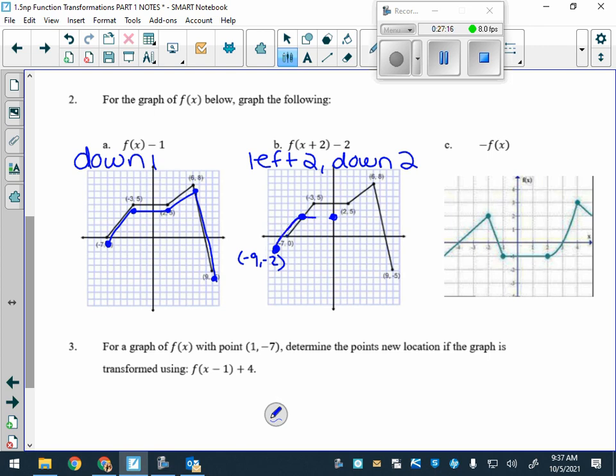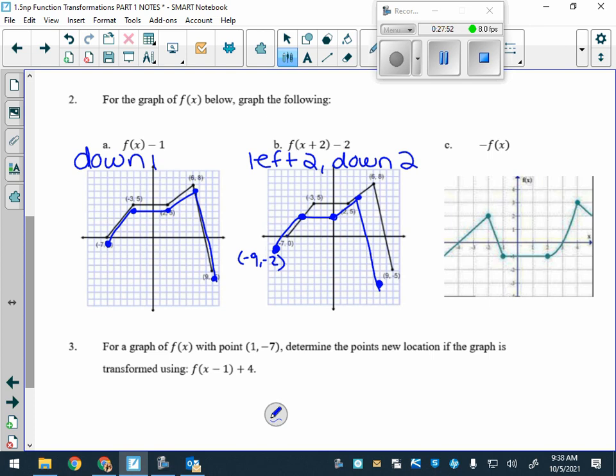And I'm going to connect as I go. 6, 8. 4, 6. Okay. 9, -5. Cooper? Good. Okay. So, the next one.